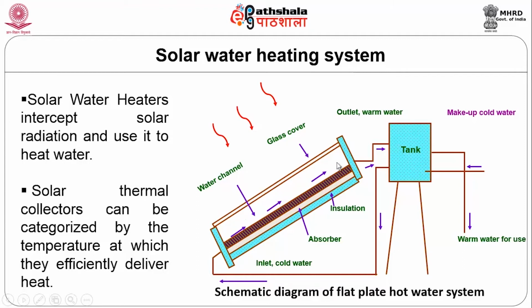And this is the cut section of the flat plate collector. This is the glass cover, which covers it fully, and inside we have the water channel. The water channel is circular in shape, and at the bottom is the absorber coating.